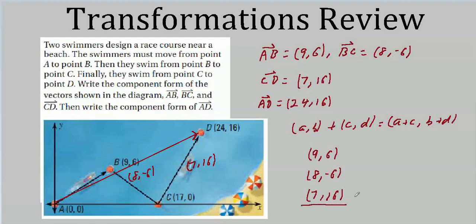If we add these, what do we get? 8 and 7 is 15, and 9 is 24. 6 minus 6 is 0, plus 16 is, of course, 16. And what was our endpoint? 24, 16. 24, 16.